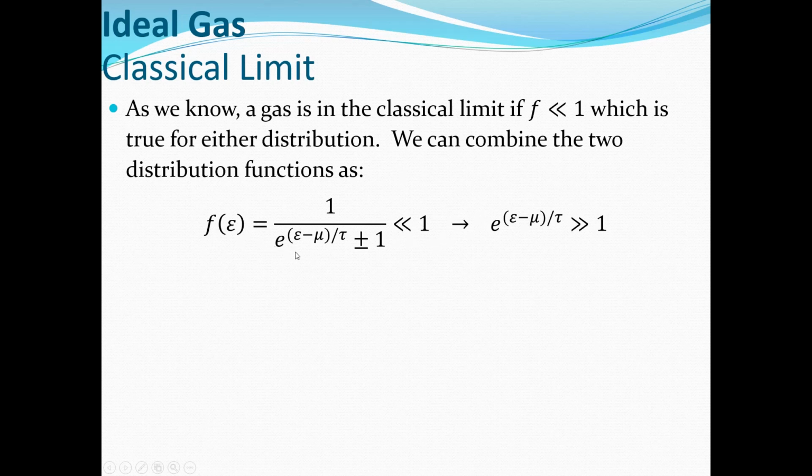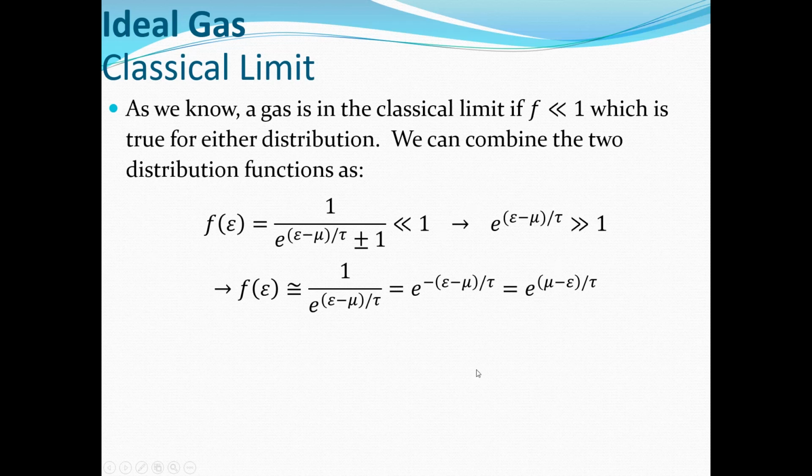So if we move this over and get rid of the ones, because it honestly doesn't matter, we find that this term would have to be much greater than one. Because if this was plus one, then this would be much greater than zero, and if this is minus one, it'd be much greater than two. So same thing. Basically, this is an extremely large number.